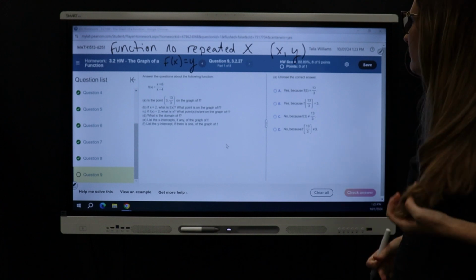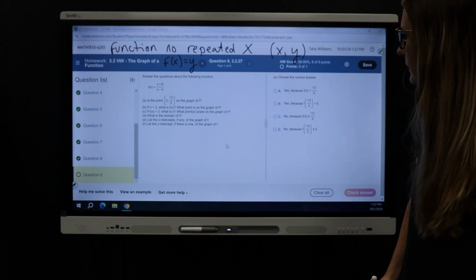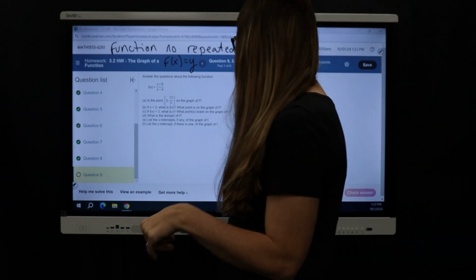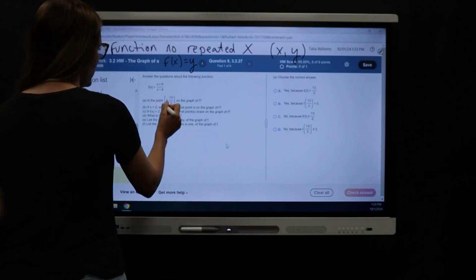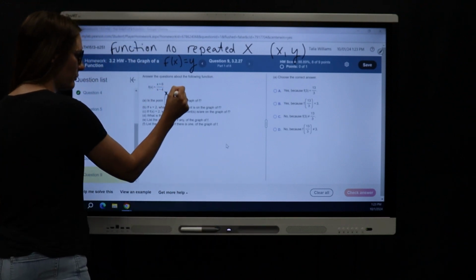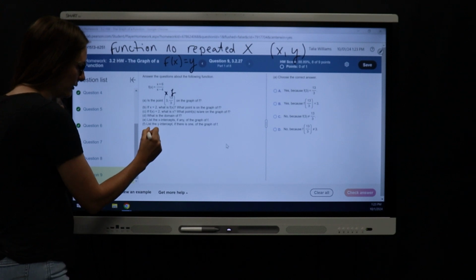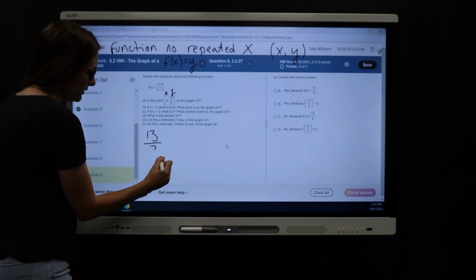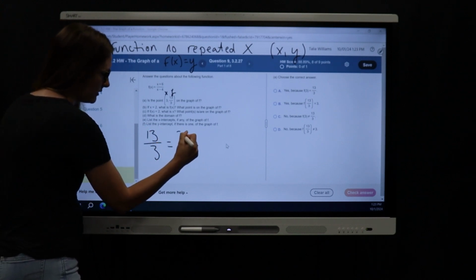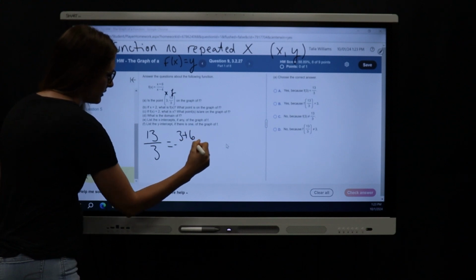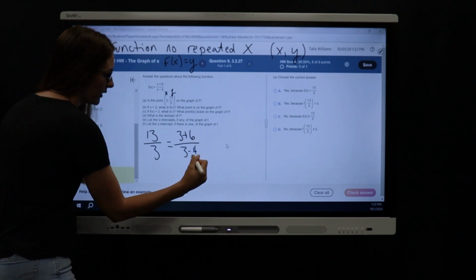Answer the questions about the following function. Is the point 3, 13/3 on the graph of f? So this is our x value and this is our y value. So we're wanting to know if 13/3 is what 3 plus 6 over 3 minus 4 equals.